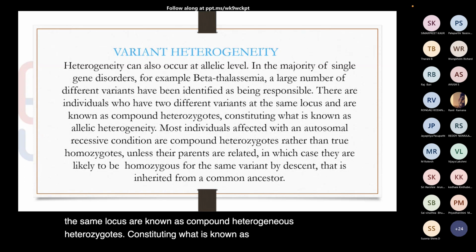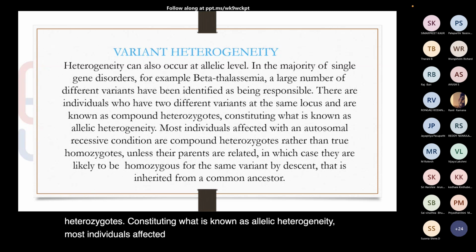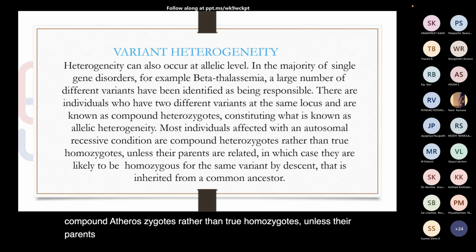Most individuals affected with an autosomal recessive condition are compound heterozygotes rather than true homozygotes, unless their parents are related, in which case they are likely to be homozygous for the same variant by descent, that is, inherited from a common ancestor.